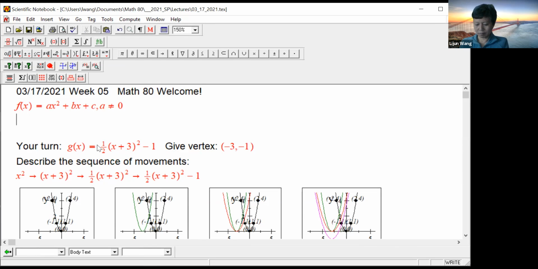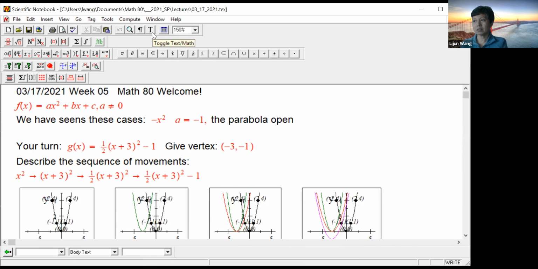We have seen these cases. What are these cases? Negative x squared. In this case, a is -1. The parabola opens up or down? Opens down.